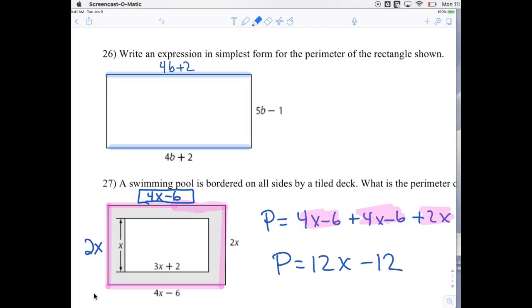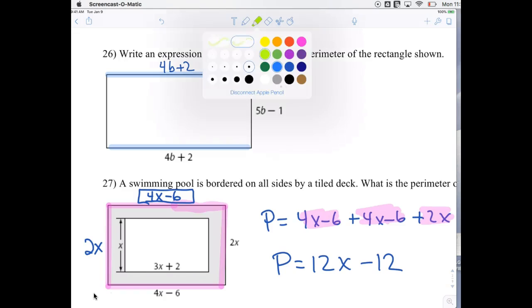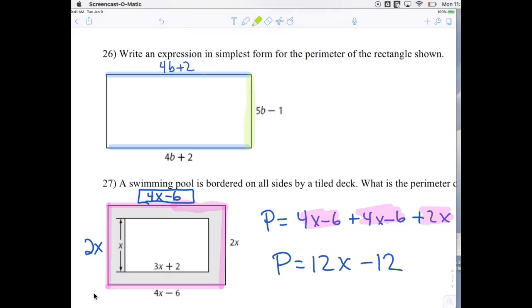And this side over here is what? It's this side, so the other side is also the same. Make sure you write that down. That's important. You can multiply them by 2 and then add, but I think sometimes it's easier to look at it this way.